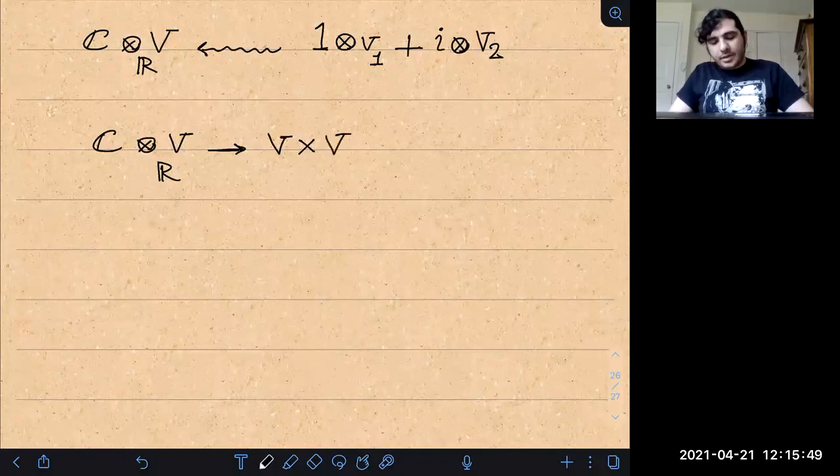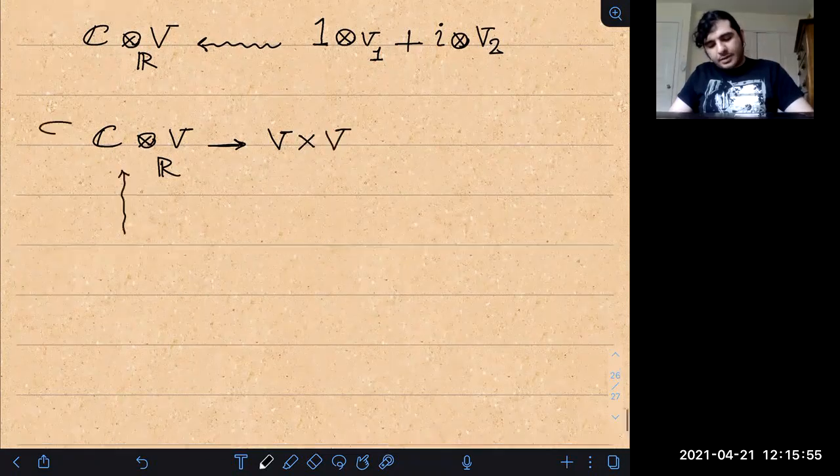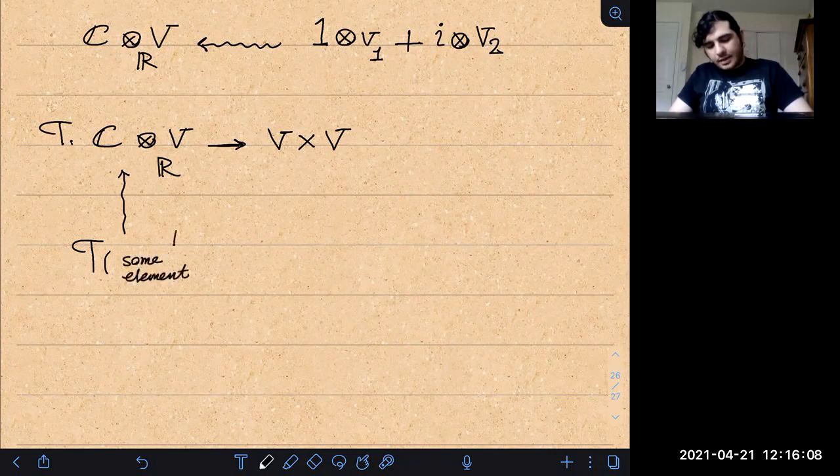What is that map? Let's define T of any element inside C tensor V. Take some element inside this space.